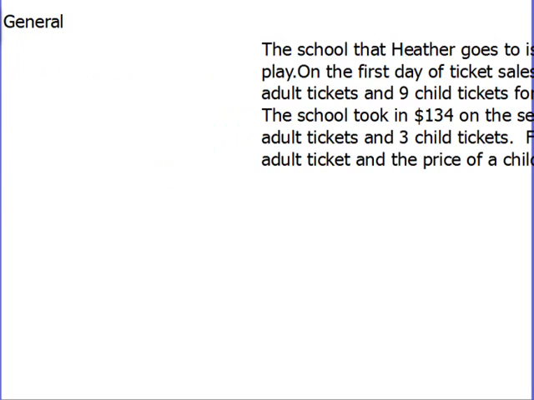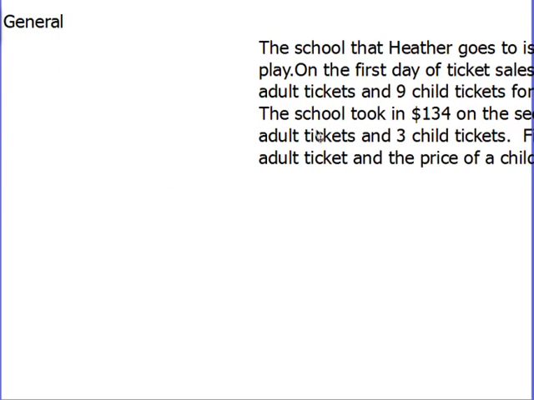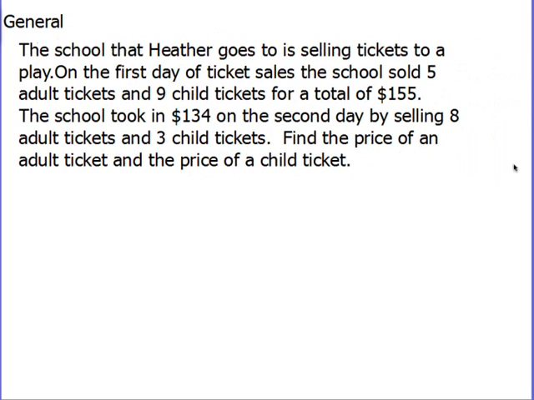Alright, there are 2 unknowns, right? So we can let A represent the price of an adult ticket, and C represent the price of a child ticket.